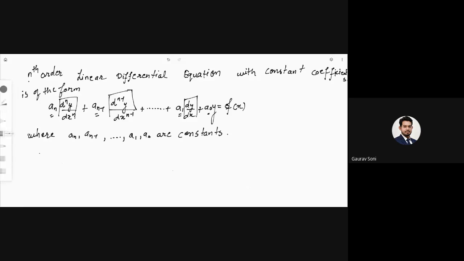What do you mean by nth order? What are the coefficients? And this is the form. Done. So let me go ahead now.